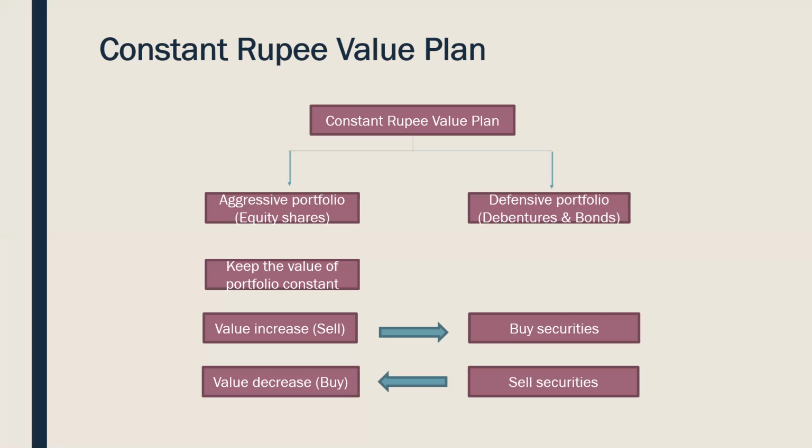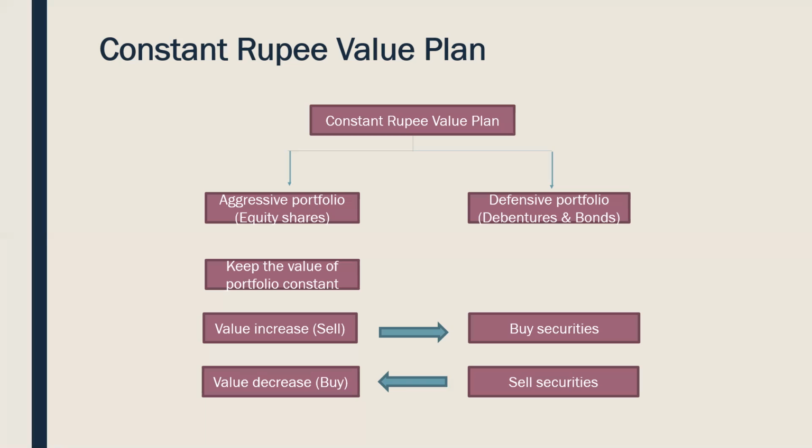Now what if the value of the portfolio falls down? See, the price has gone down to 40,000 or below. From 50,000, the value is now 40,000. The market value is going down. So once it has reached 40,000, what you need to do is make it 50,000 again in the aggressive portfolio. So what will you do?